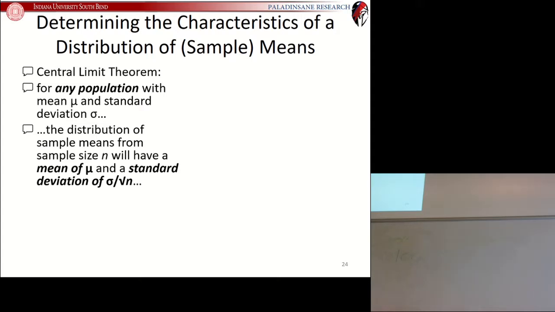That's 40 divided now by 10. And we've just squeezed it in half. And we've got it down to a standard deviation of 4. So the bigger your sample, the more squeezed in your comparison distribution gets, the easier it is for you to detect a difference in your experiment.